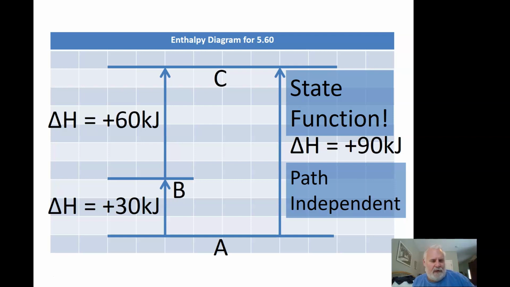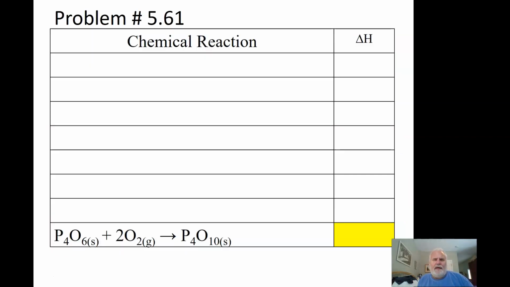So you can also do an enthalpy diagram as a little bump with the activation energy and end up higher or lower depending on the reaction. There are different ways to do that, but this is the way that we prefer an enthalpy diagram for this. Okay, so now let's go ahead and take a look at 5.61.